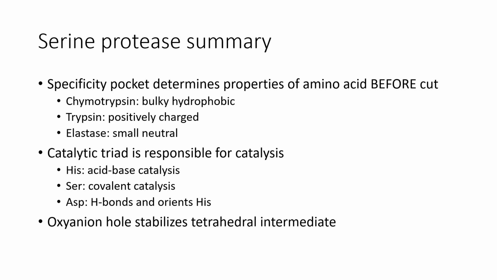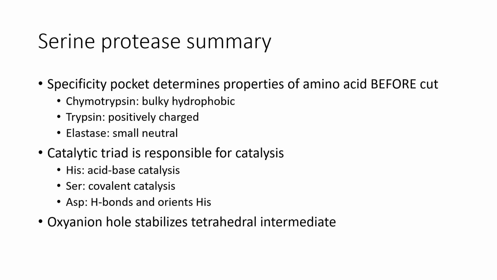The part of the enzyme in the active site that's actually responsible for catalysis is the catalytic triad, and that consists of those three amino acid residues, histidine, serine, and aspartate. And we talked in a lot of detail about how histidine is responsible for a whole bunch of acid-base catalysis, the serine is responsible for covalent catalysis, and the aspartate forms very important hydrogen bonding and orientation cues for the imidazole ring in that histidine.